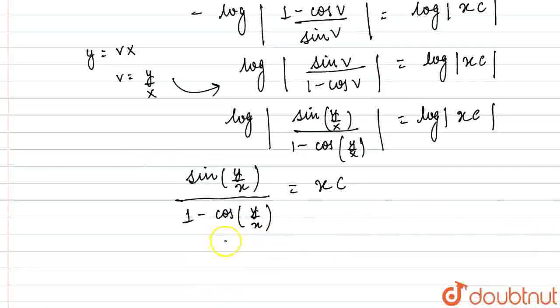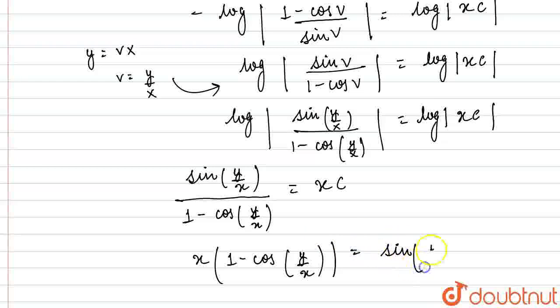Alright, or I can simply write this as x multiplied by 1 minus cos of y by x is equal to sine of y by x multiplied by c. Okay, so this is finally our answer for this given differential equation.